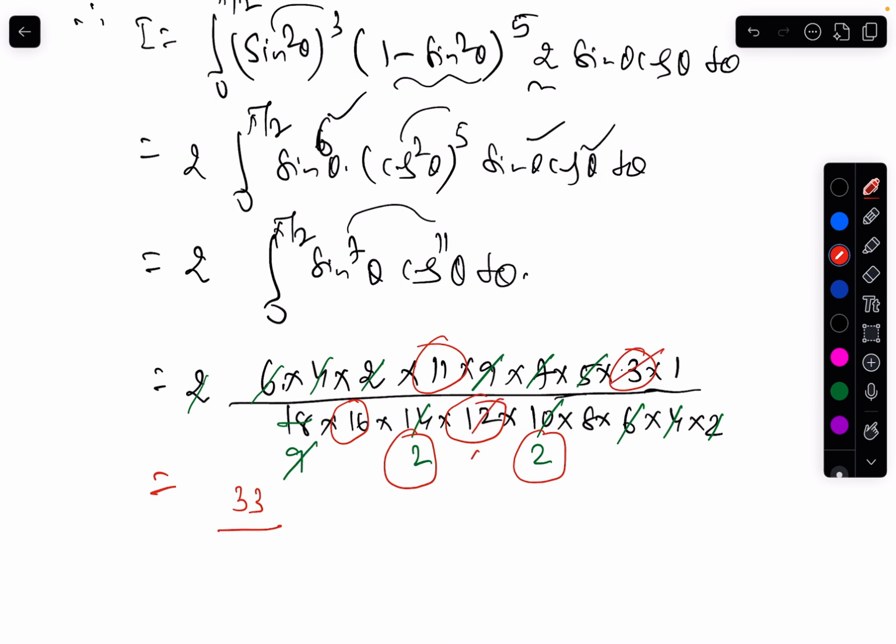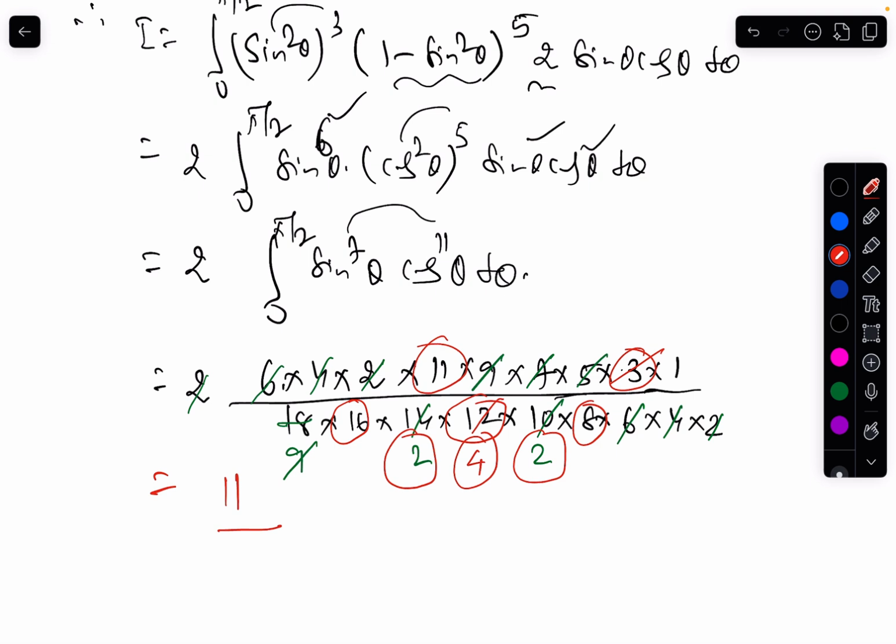So 3 and this is 4. So this one is 11 only. So then here it is 16, 2, 4, 2, 8. So we have 11 into 16, then multiply 2, that is 32.